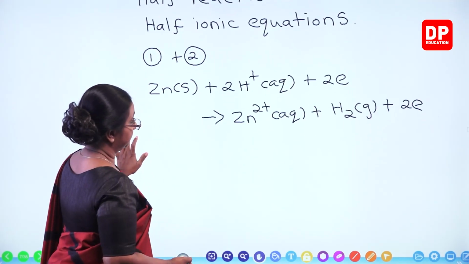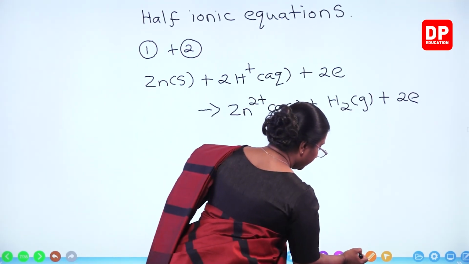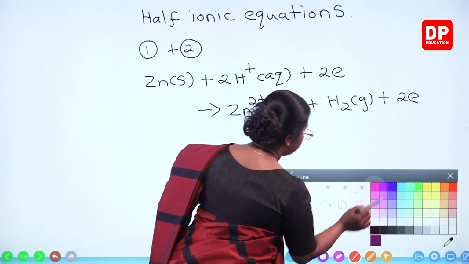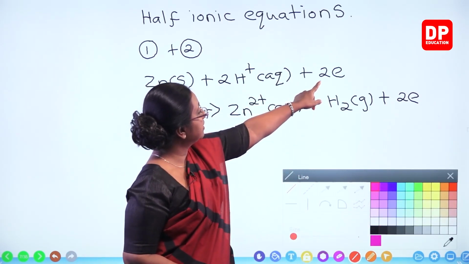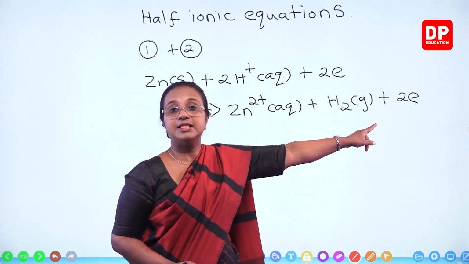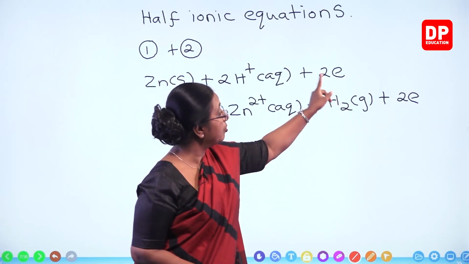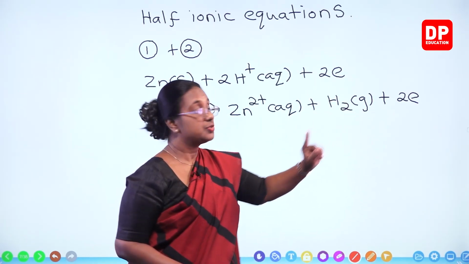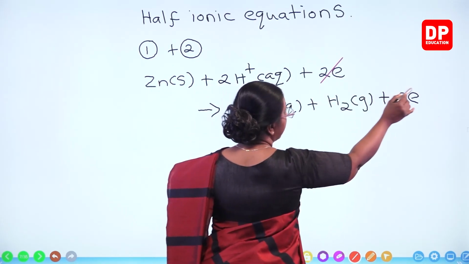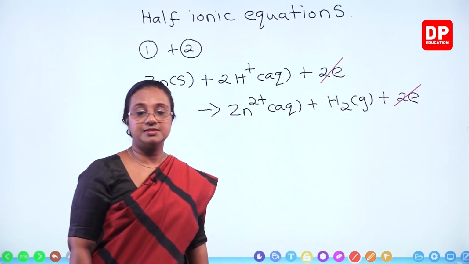So we have electrons in the reactant side, electrons in the product side, and both are equal. Because of that, you can cancel off the electrons.